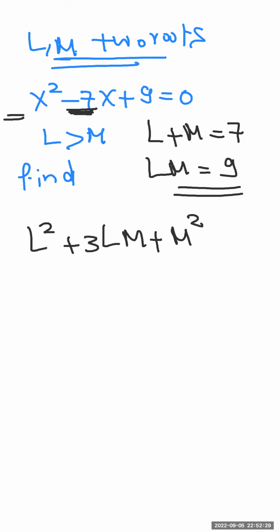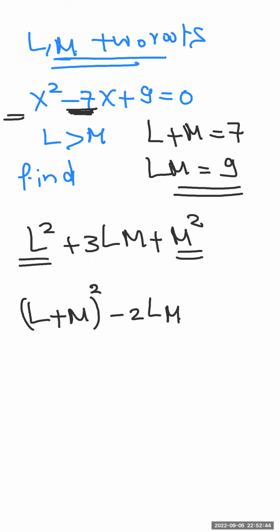Okay. L squared plus M squared equals L plus M all to the power 2 minus 2Lm, then plus 3Lm.